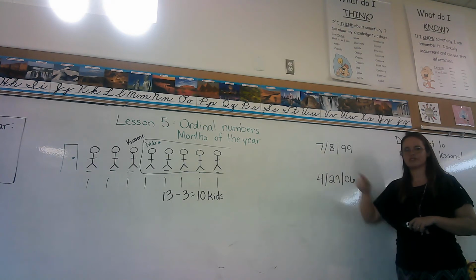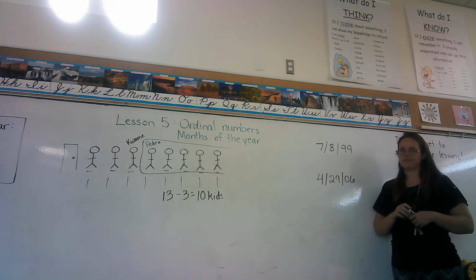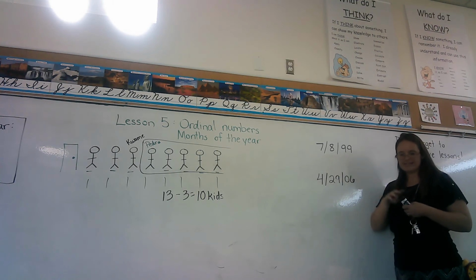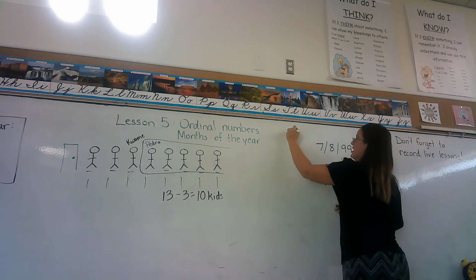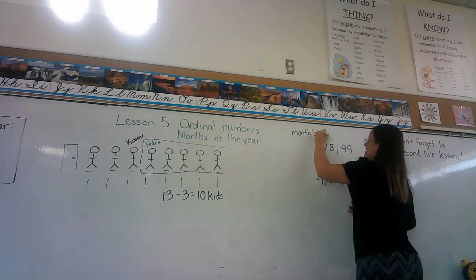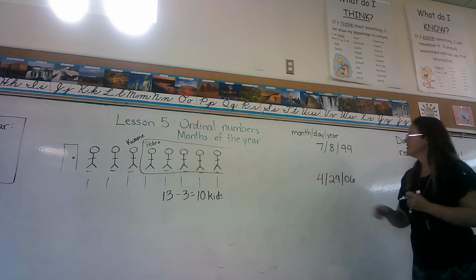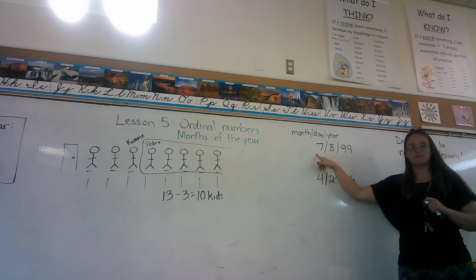What do we put first? Do we put the day? Do we put the year? Do we put the month? What order is it? This way of writing the date is called the month, day, year format. So this tells us which month.